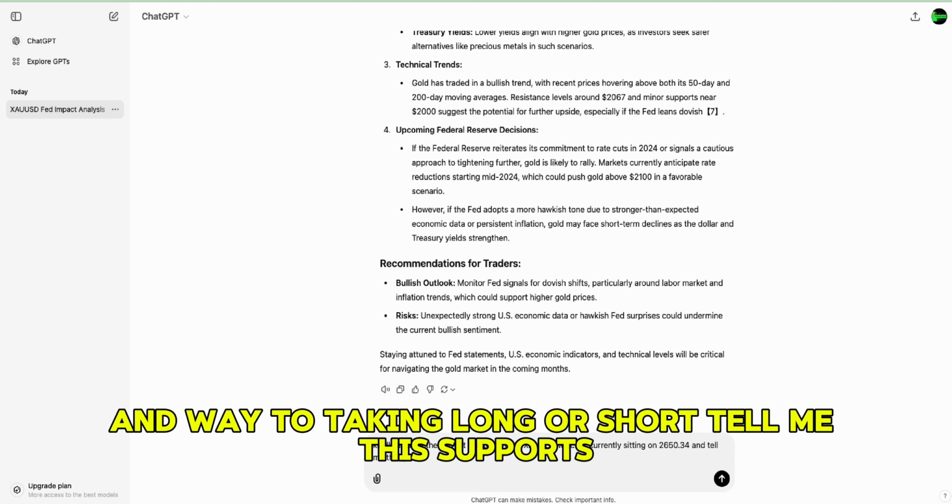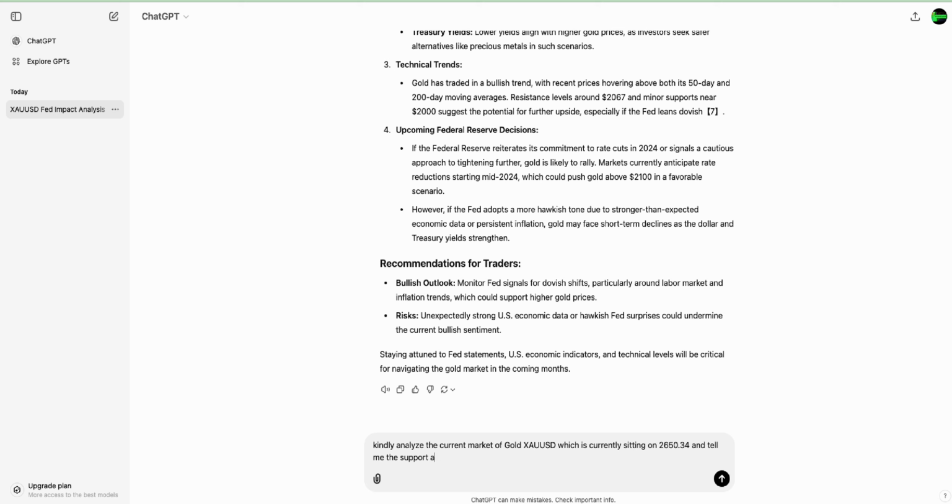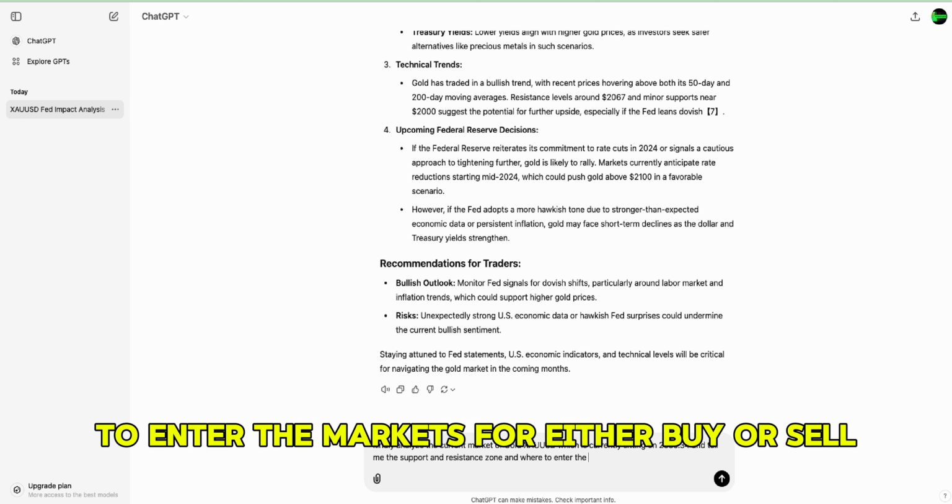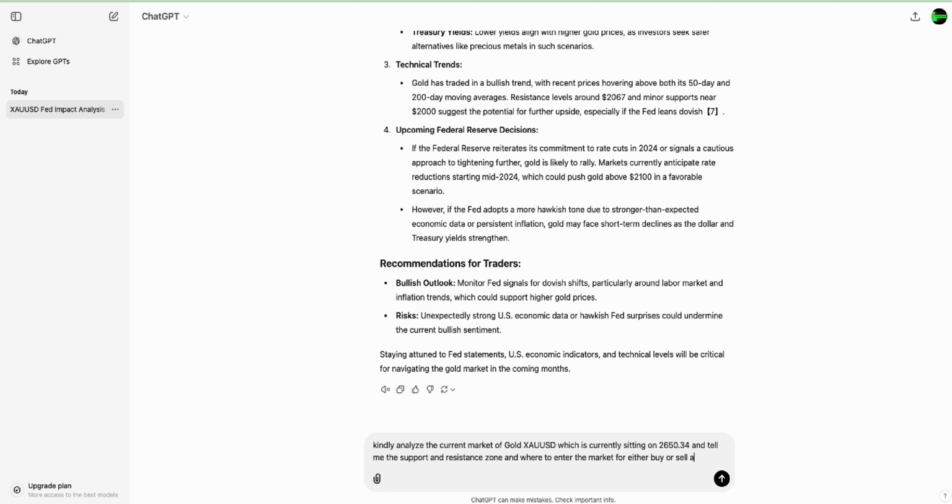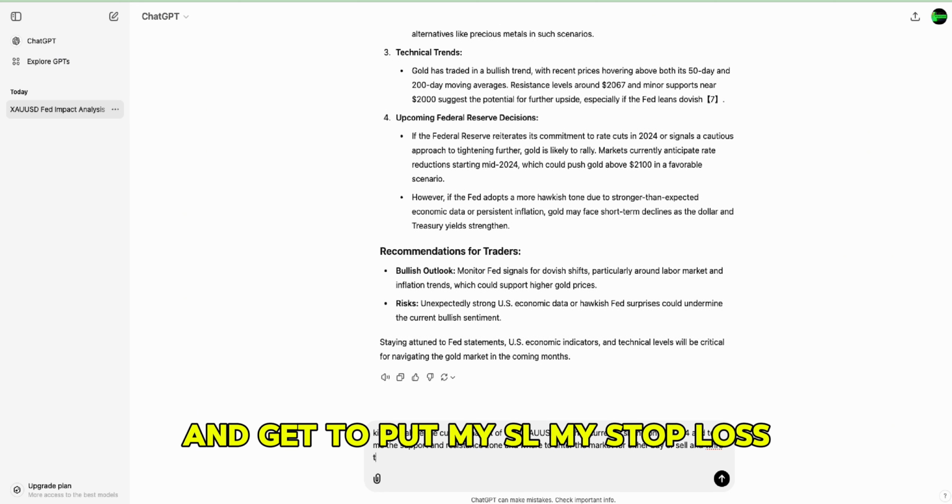Tell me the support and resistance zone, and where to enter the market for either buy or sell, and where to put my SL, my stop loss.